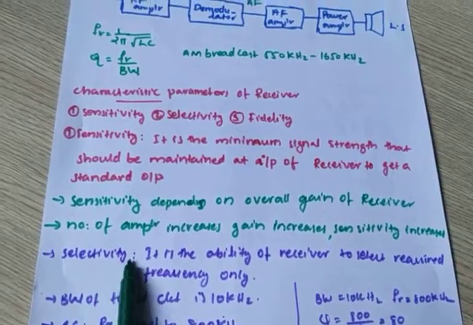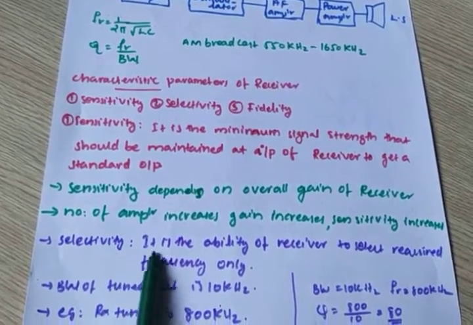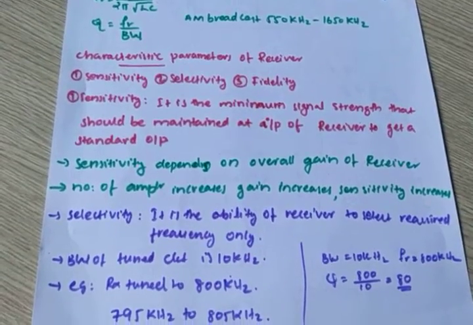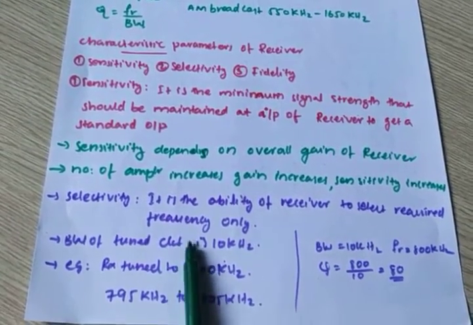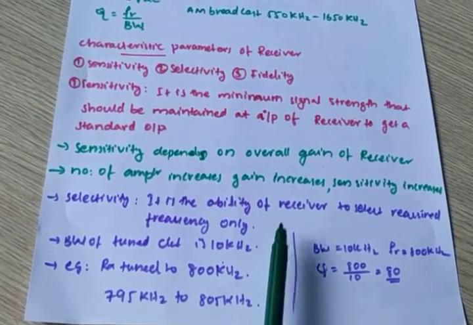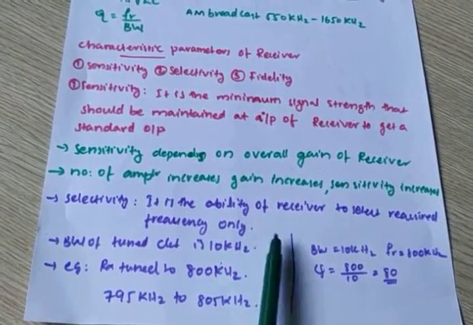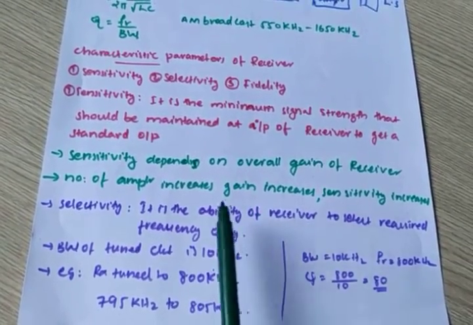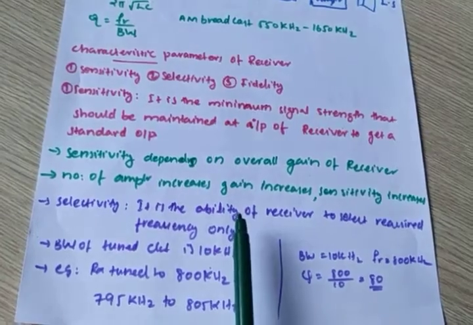So the next characteristic is selectivity. It is the ability of the receiver to select the required frequency only. That means you design a system to select a particular frequency, say 100 kilohertz. Under that condition, your system should select only 100 kilohertz.